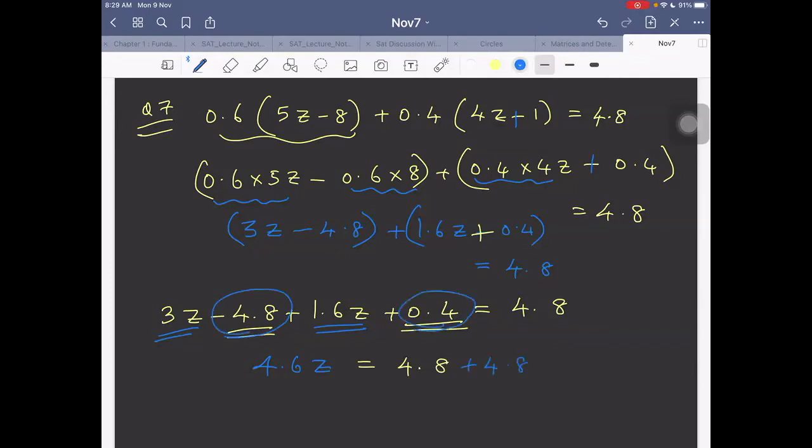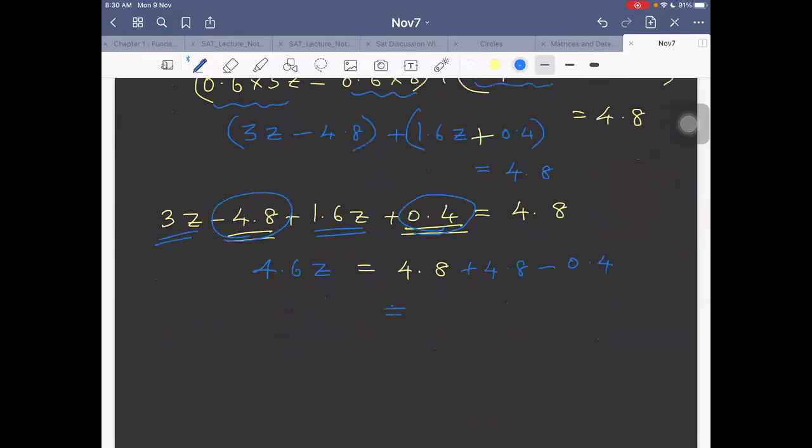This goes to the other side, it becomes minus 0.4. So this becomes 9.6 minus 0.4, which is 9.2. So 4.6 times z becomes 9.2. Your z is 9.2 divided by 4.6, which is 2.